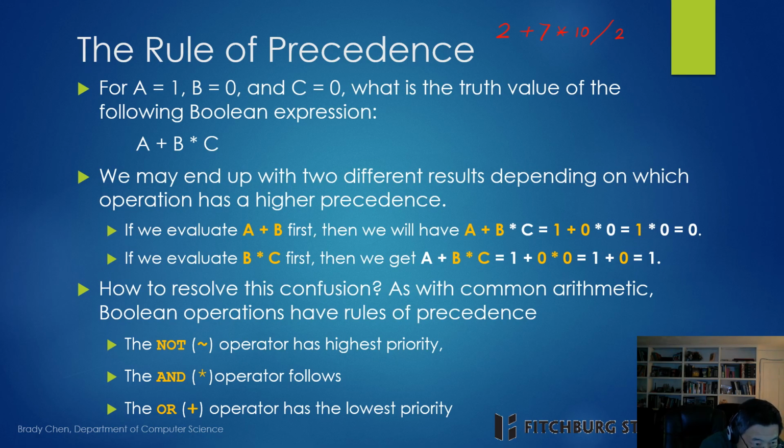Now we know that in an arithmetic expression, the rule of precedence is that the highest priority operator is the parentheses. Okay, that's the highest.